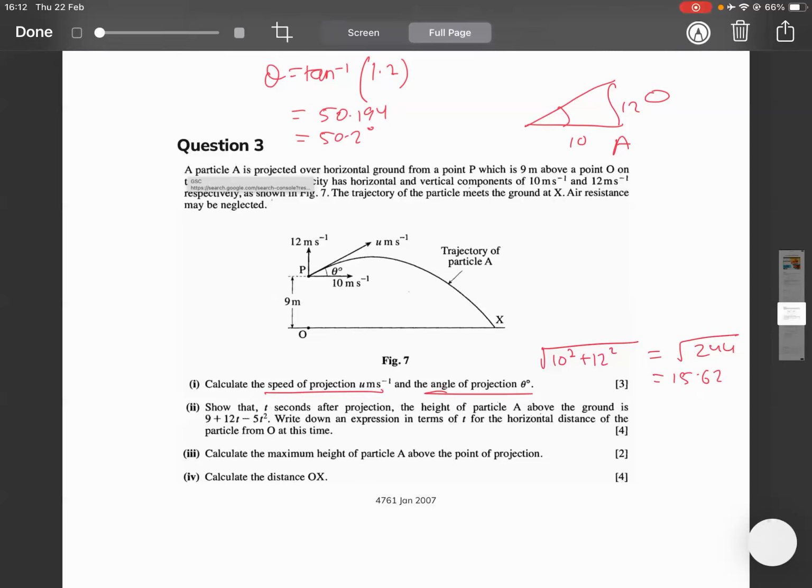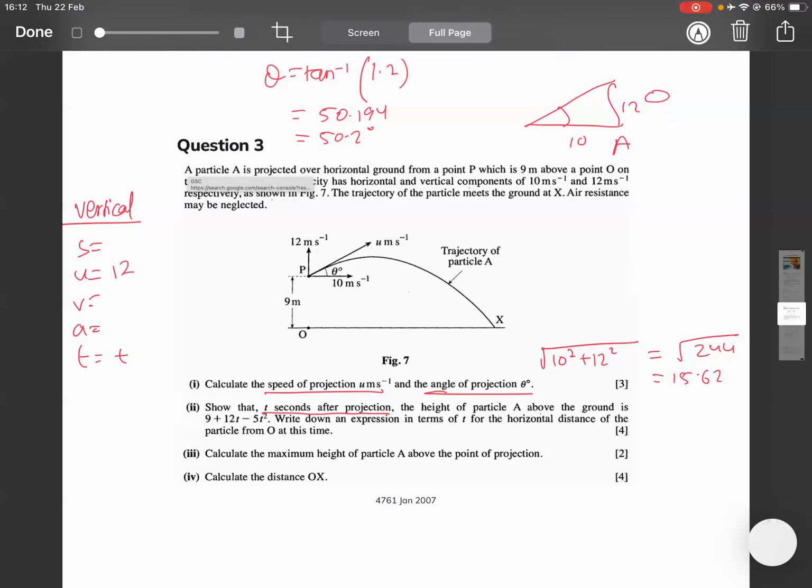Show that t seconds after projection, the height. So it's asking about the vertical displacement. So vertical: T is t because it's at t seconds. U is 12.